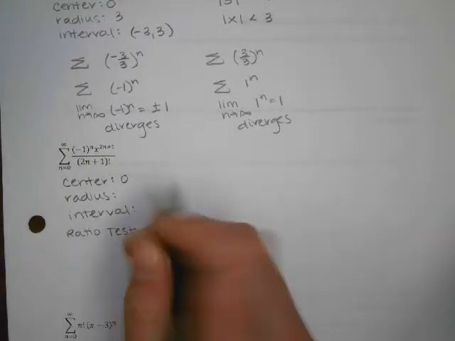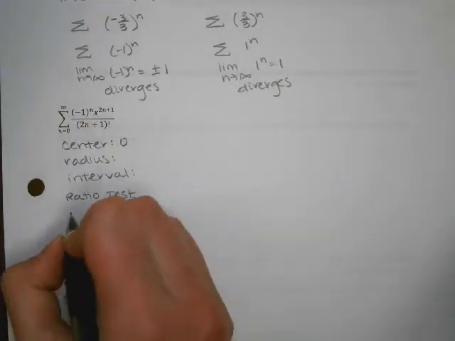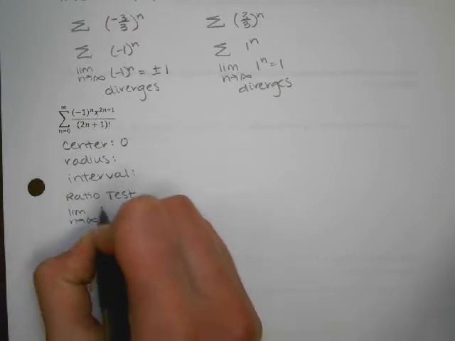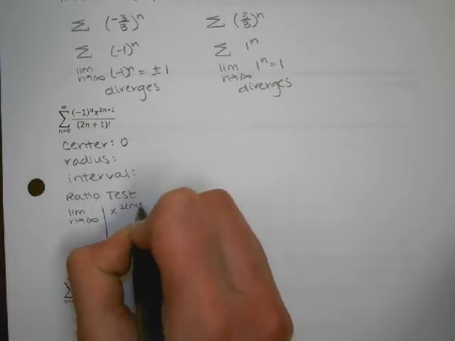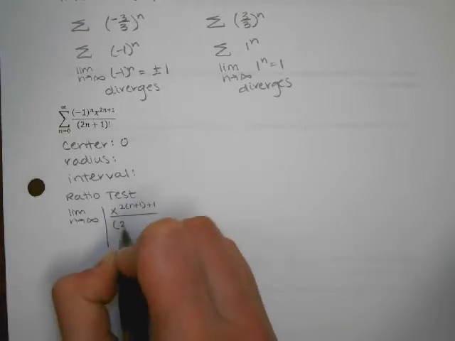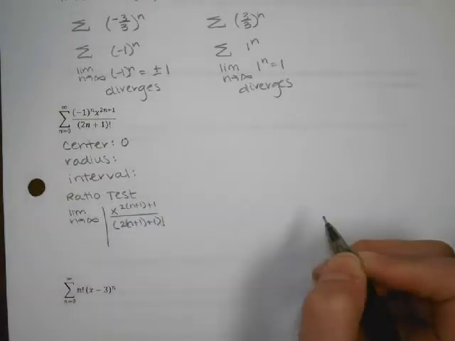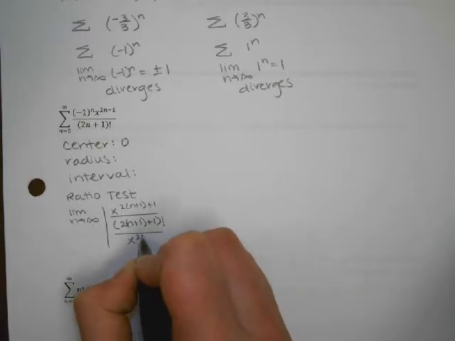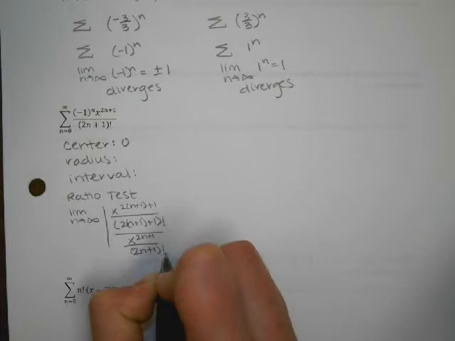So I'm going to leave out the -1 just because I know that that's not going to do anything. So I'm going to say the limit as n goes to infinity of x to the 2n plus 1 over 2n plus 1 factorial divided by x to the 2n plus 1 over 2n plus 1 factorial.